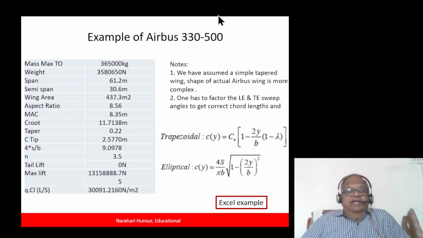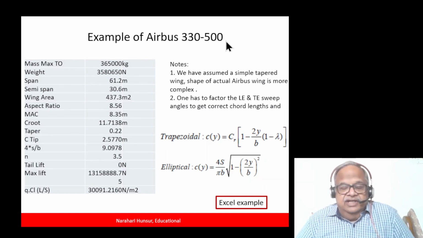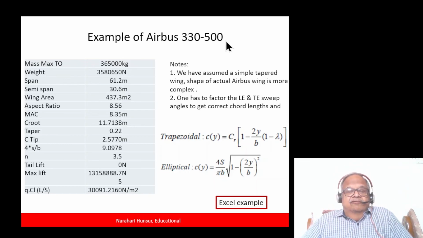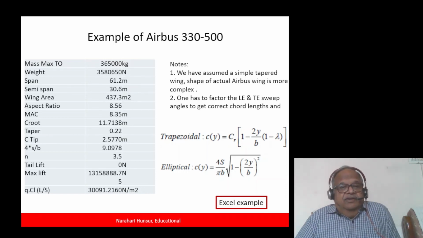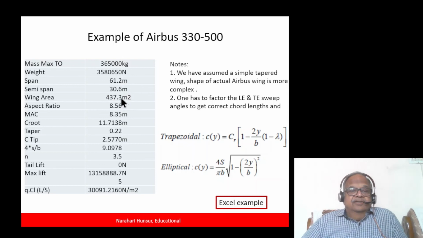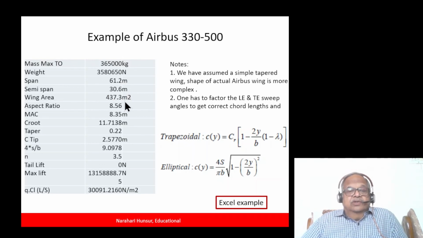So in the example, I have taken the Airbus A330-500. It's a pretty popular aircraft, and I have the data for that coming from the open domain. Maximum takeoff mass is some number, and span is 61.2 meters. As you can see, it's a pretty big aircraft. Wing area is 437 meters square.